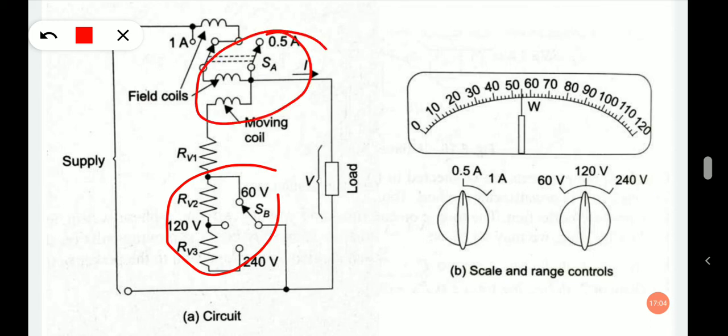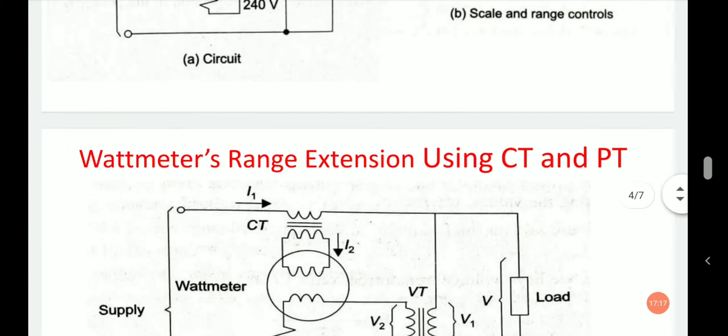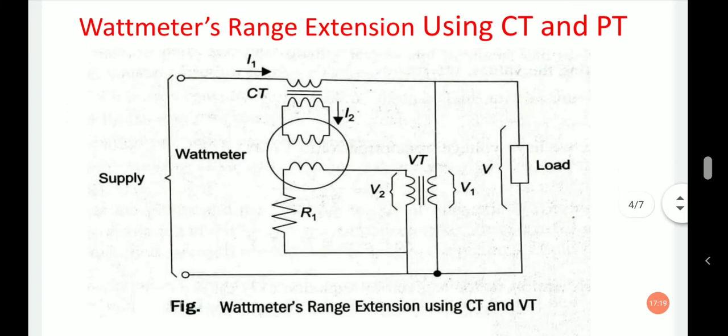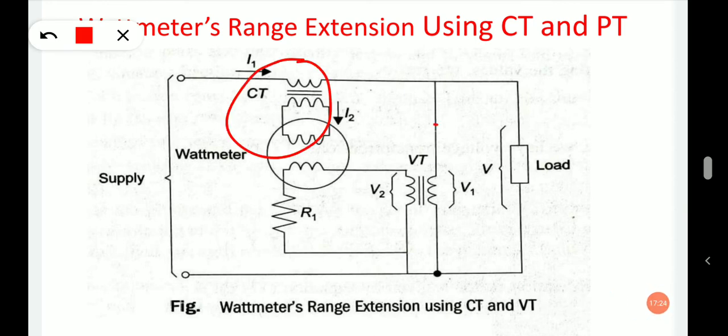After selecting particular values or particular range, we are getting the desired output in watts. Okay, and in second part, range extension using CT and PT, we have seen. So by using CT and PT, current transformer and voltage transformer or potential transformer, we can extend the range of wattmeter.